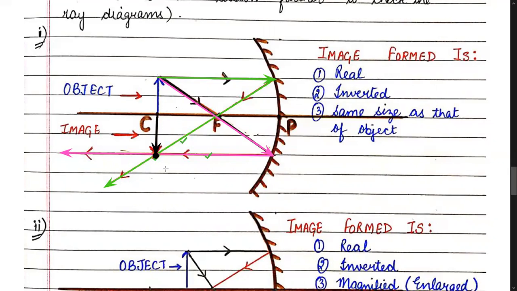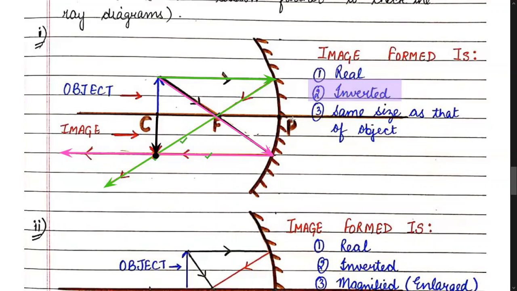It is opposite. It is not straight. The image has reversed itself. So the image formed is inverted. Since it is inverted, the image is said to be real. So the image formed is real and inverted.